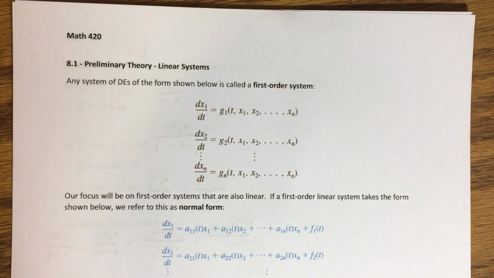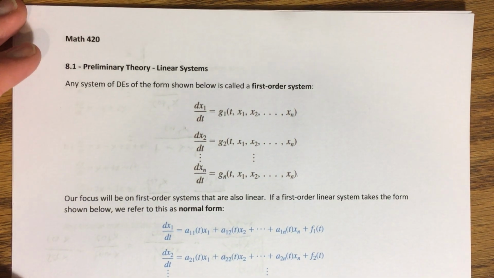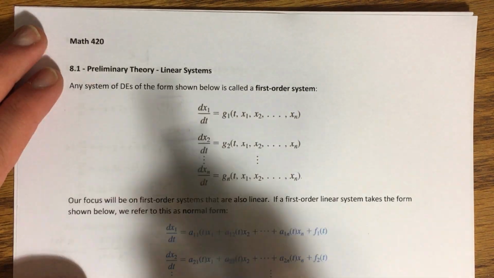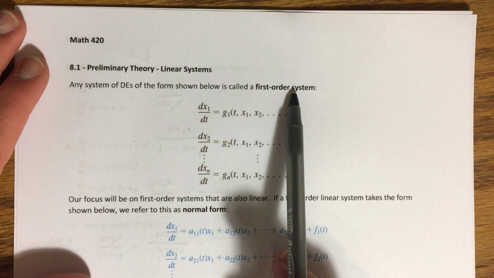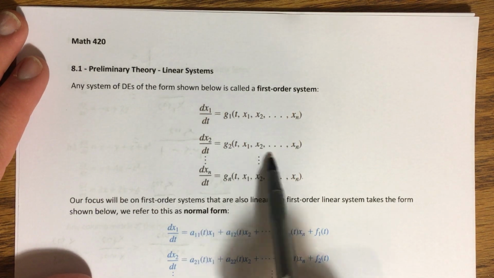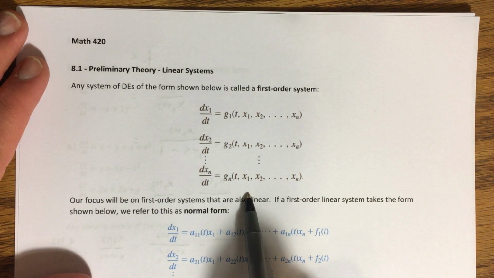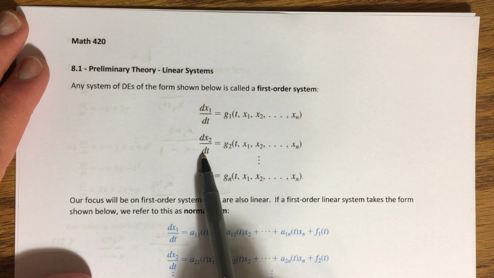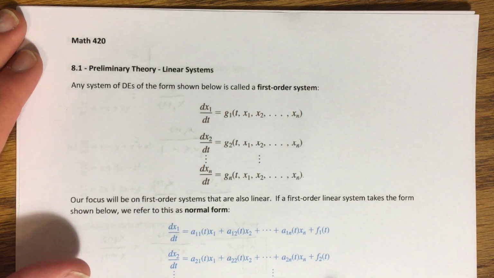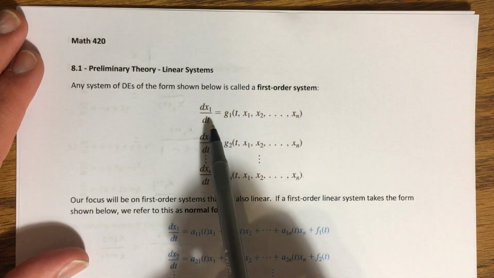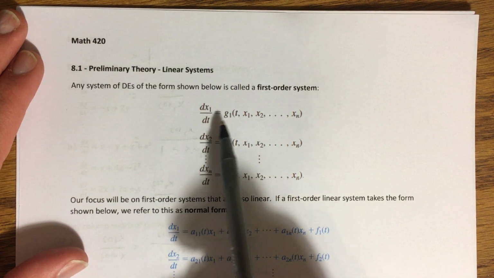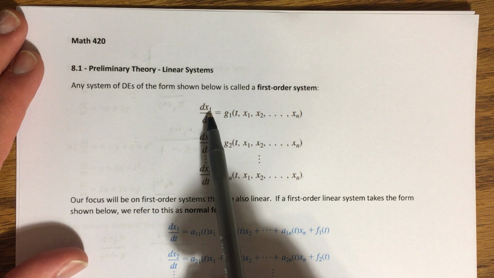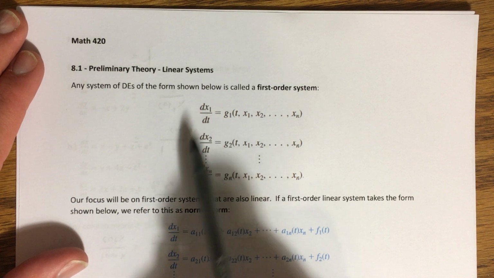So, like I said, we're dealing with systems of linear differential equations in this section, in this chapter. We're going to define a first-order system as a system of differential equations like what we have here, wherein each of those equations is a first-order equation. And in particular, we're going to be seeing them take this form. So the derivative of each of your variables will appear on the left.